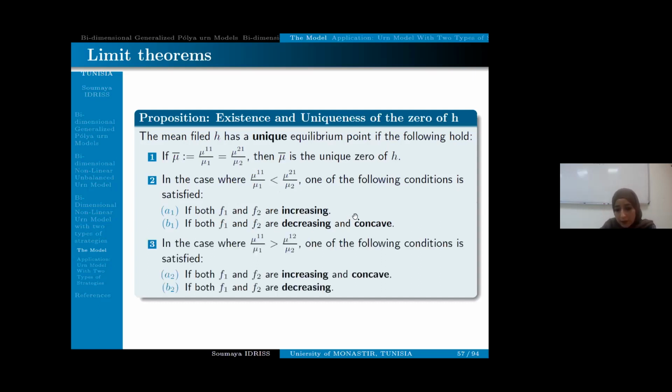The third case is practically symmetric to the second case: if both functions are increasing and concave, or if both functions are decreasing. So H has a unique equilibrium point if one of these three statements is satisfied.